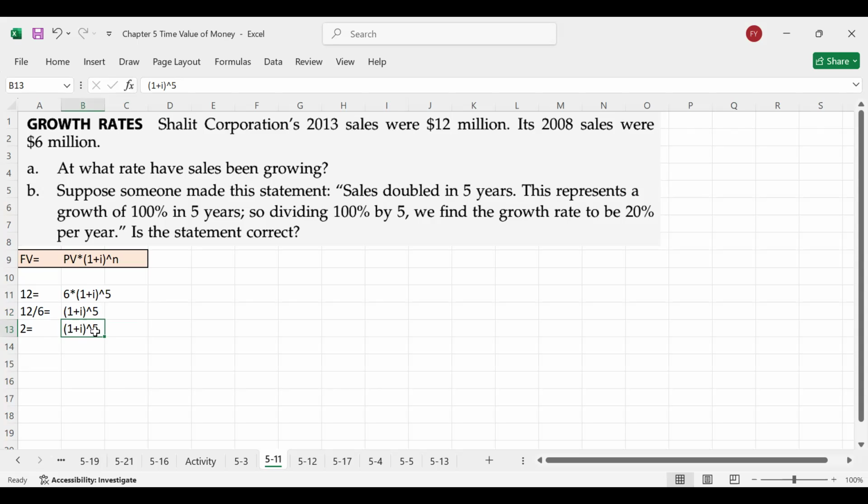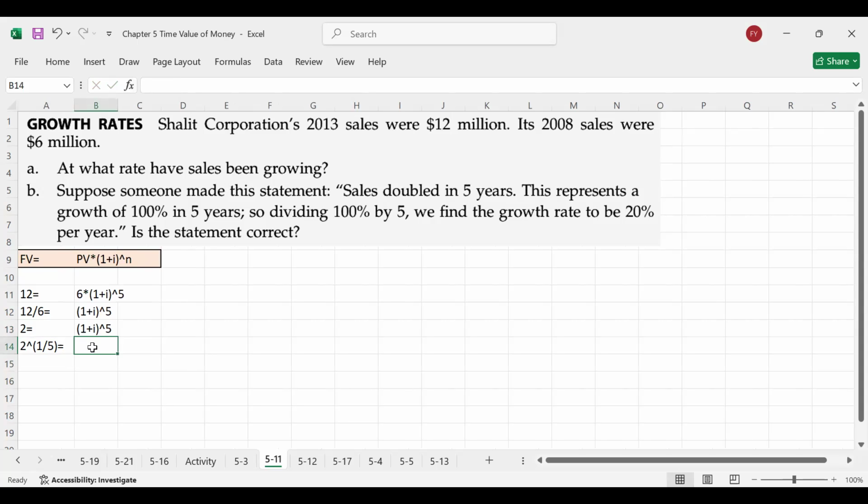So what we can do is multiply both sides, left-hand side as well as right-hand side, by 1 over 5 so that we cancel out this 5. So this 2 is now multiplied by 1 over 5, whereas on the other side the power of 5 is cancelled by 1 over 5.